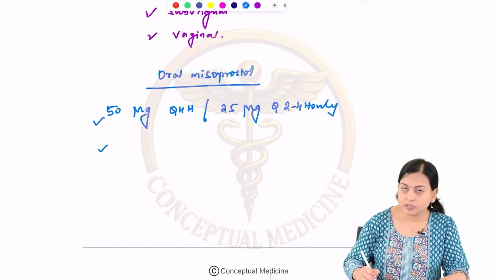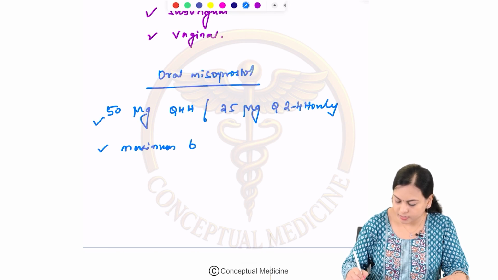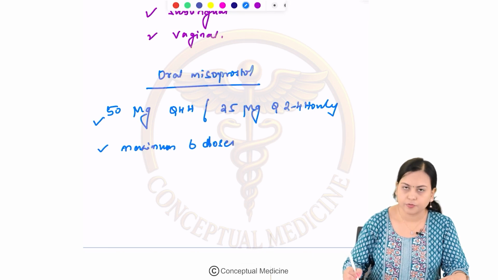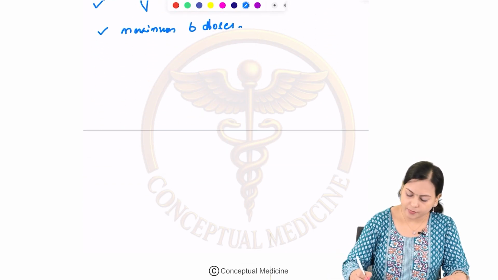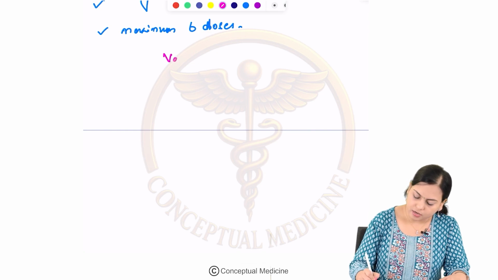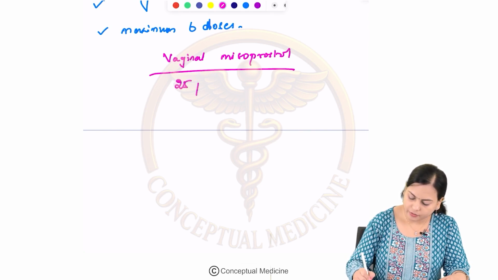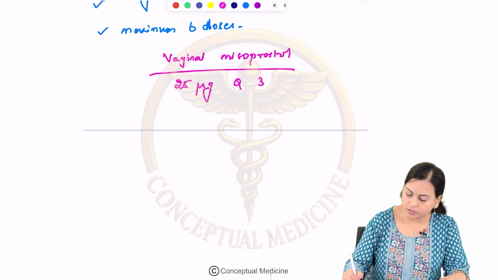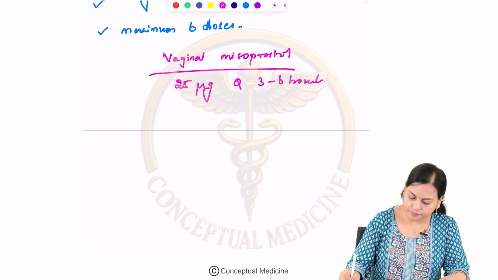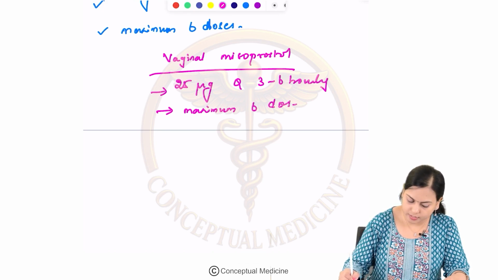Remember, the maximum number of doses you can give is 6 doses. Clear? And if you are planning to give vaginal misoprostol, it can be given at a dose of 25 microgram every 3 to 6 hourly. Here also you have to give a maximum of 6 doses.